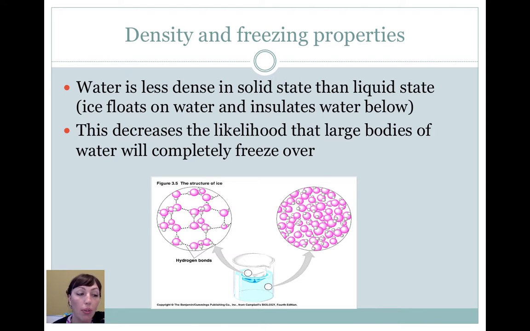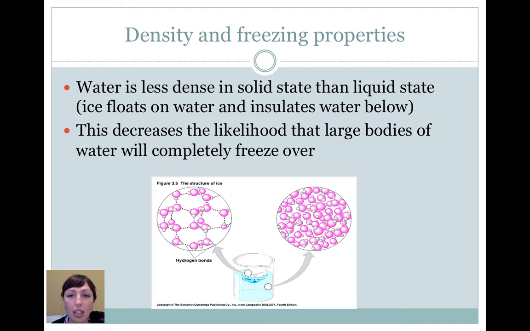As the temperature of the liquid water lowers, it's going to start to form ice. What's going to happen is the water molecules are going to become more ordered because every hydrogen bond that can form is going to form.